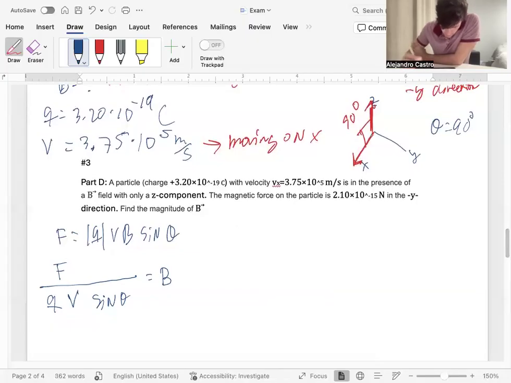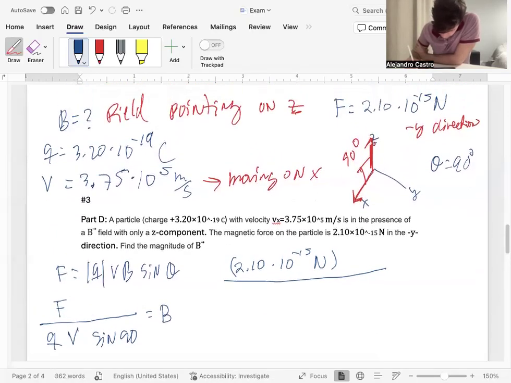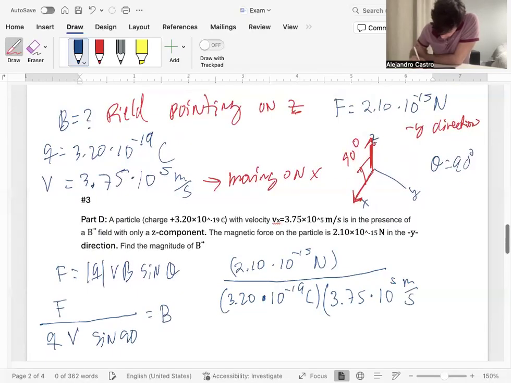Okay, now we can plug in all the values. You know, the sine of 90 is 1.